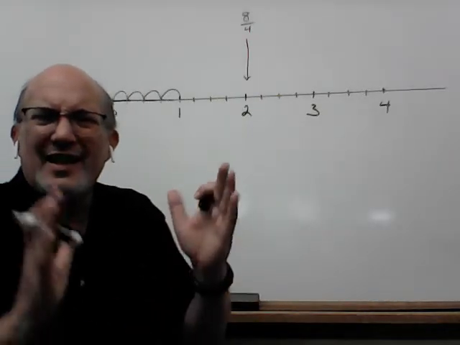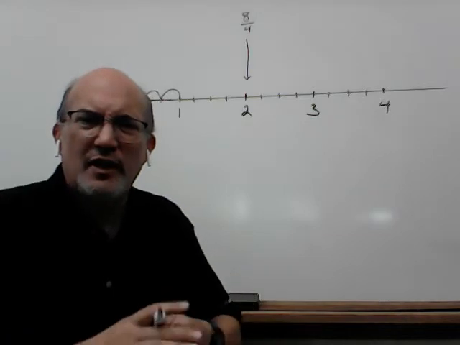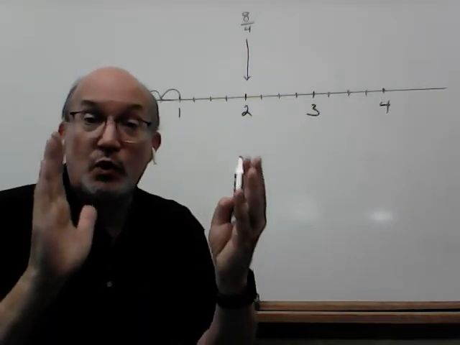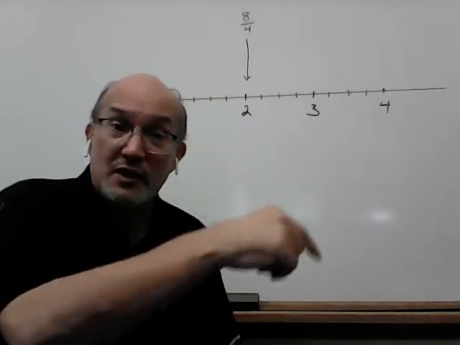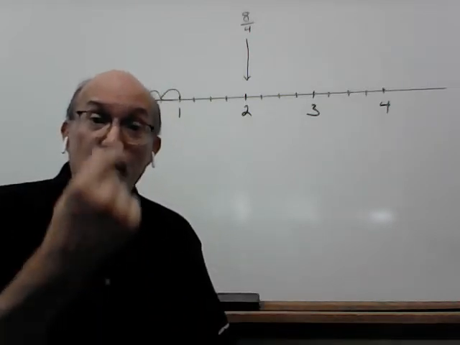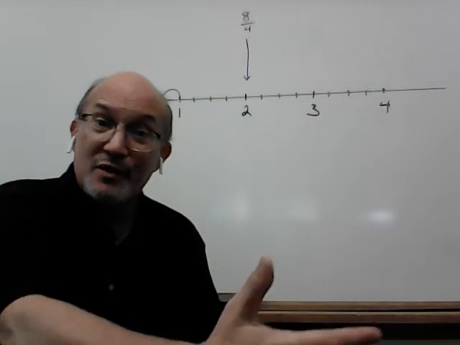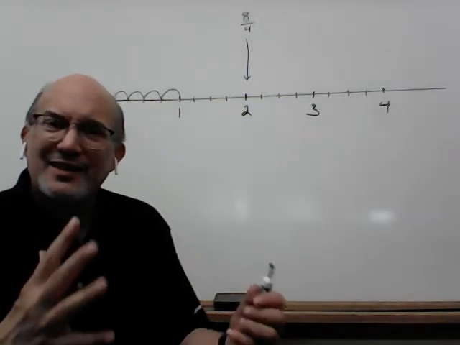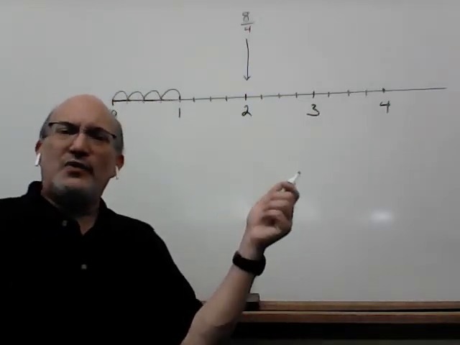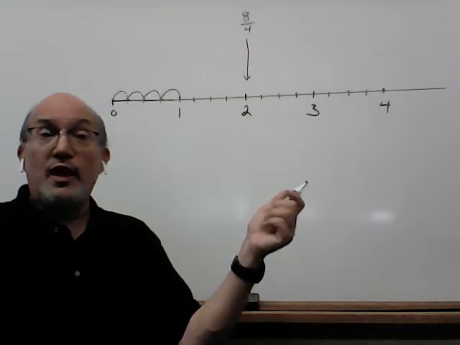Imagine creating a 17ths number line, dividing the distance between 0 and 1 into 17 equally sized pieces or jumps. So when you get to the end of that 17th piece or jump, you're going to be right at 1, because that's how a 17th number line works, how it's created.